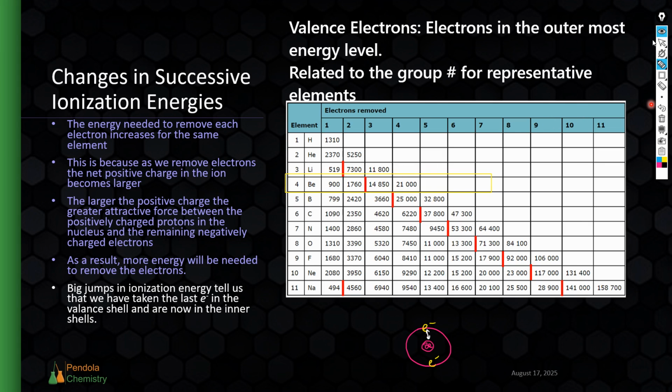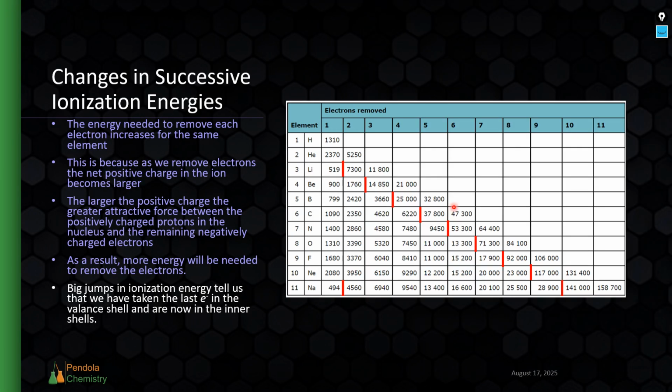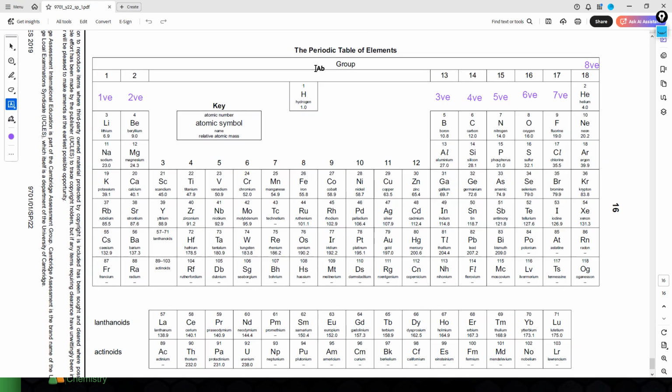So if beryllium has a big jump between the second and the third ionization energy, we know there are 2 valence electrons in beryllium. And therefore we know beryllium, which is right here, is in the second group.